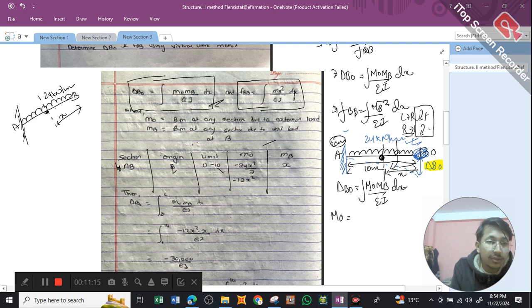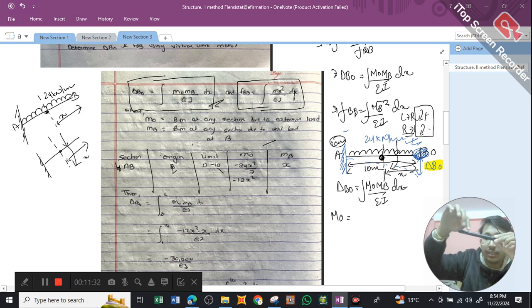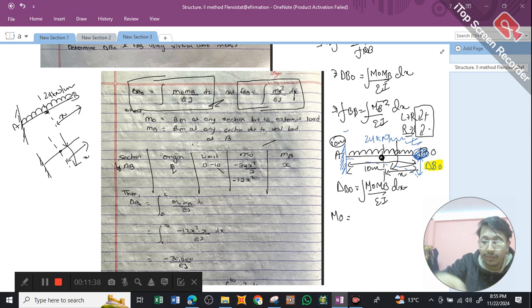If this was a force, let me replace it by a simple force in order to explain. This is X. With reference to this point, it's going to produce clockwise movement. So you can imagine in this way, this is my pen, a certain load is acting this way, it will try to turn the beam in this direction, which is clockwise direction. So clockwise direction is taken as negative.